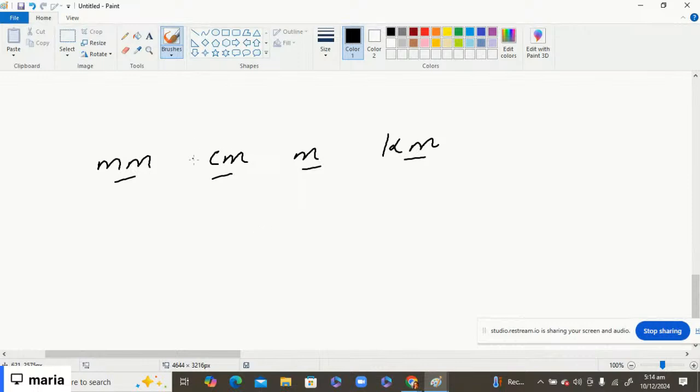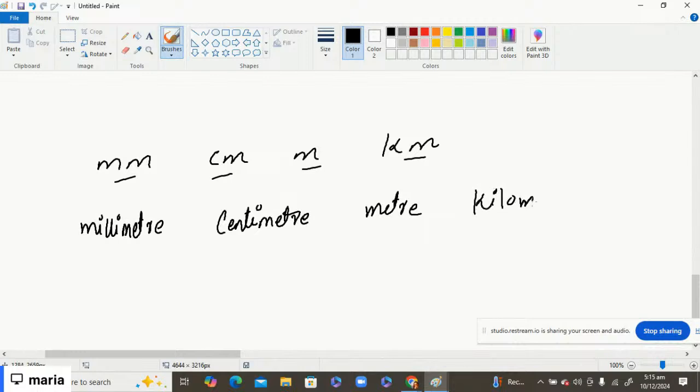When we check, millimeter starts from there, then it's centimeter, then meter, and then kilometer.